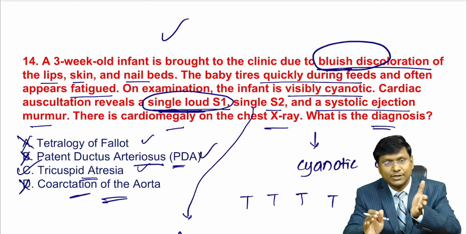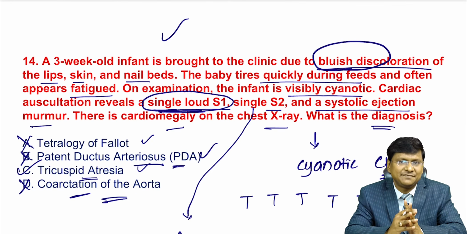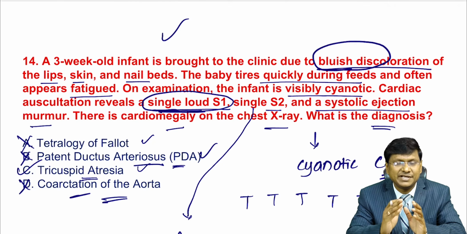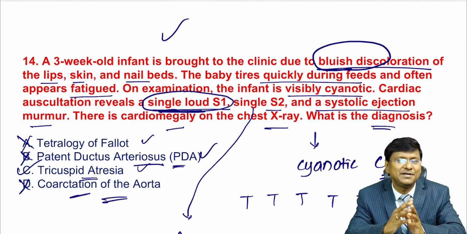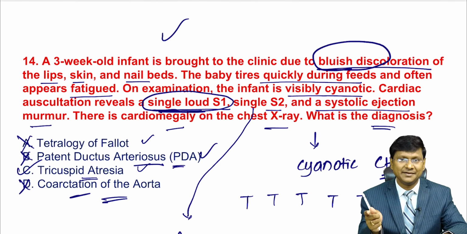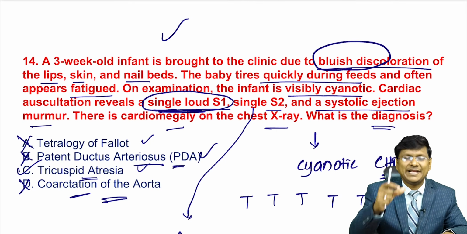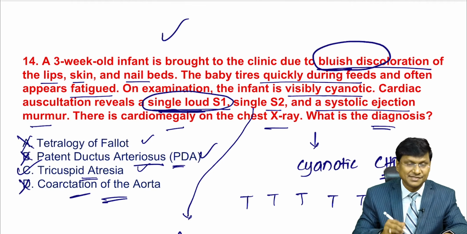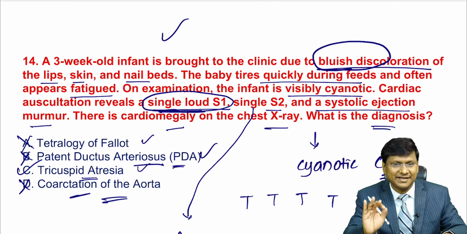If the coarctation is present distal to the left subclavian artery, there will be radiofemoral delay, whereas if the coarctation is present proximal to the left subclavian artery, it will be radioradial delay. So it all depends upon where exactly the coarctation is present. So the answer here is tricuspid atresia.